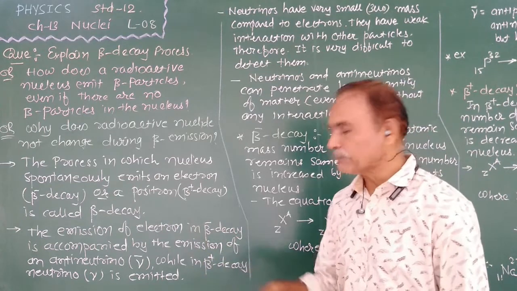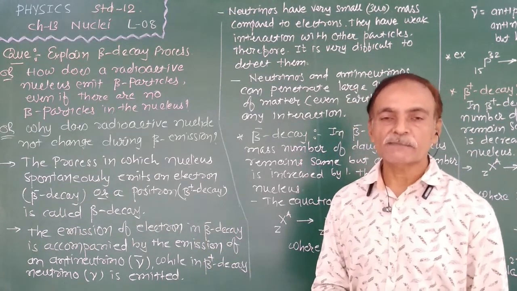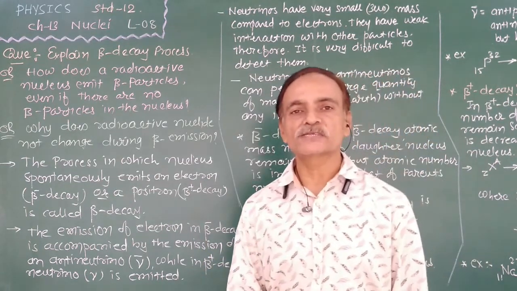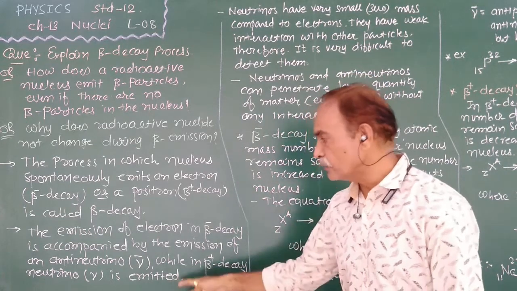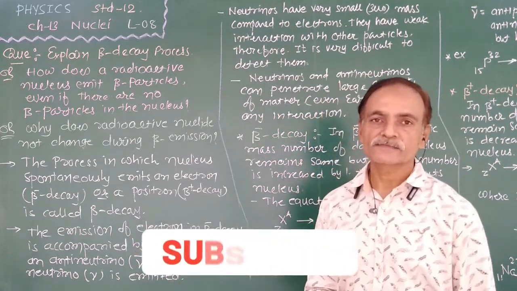And during the beta plus decay, when the positron is emitted, the neutrino is also emitted with this positron. The anti-neutrino is denoted by this symbol.